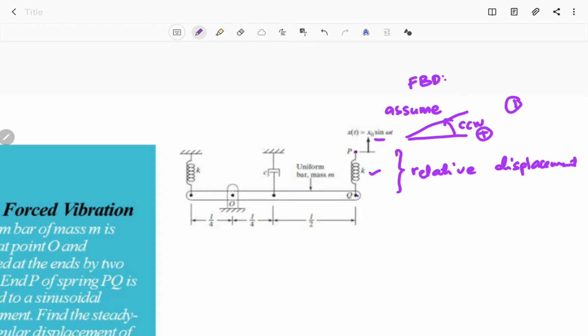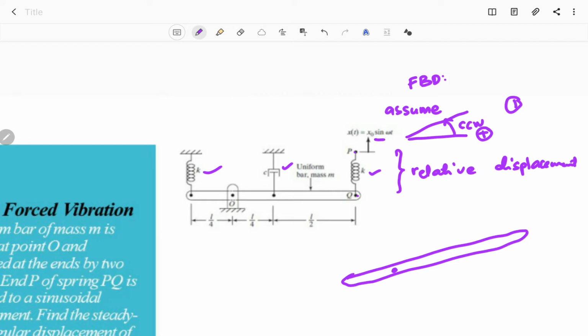First of all, since we assume that it is counterclockwise, maybe I can just draw what happens to the bar. The bar will look like this, and at point O there. And you have to think what happens to the K and the C when the bar is going up.